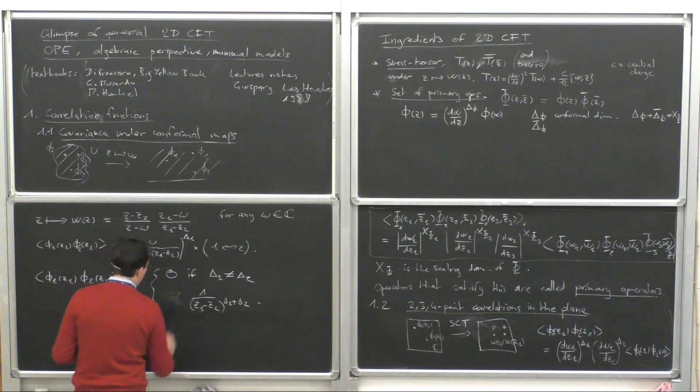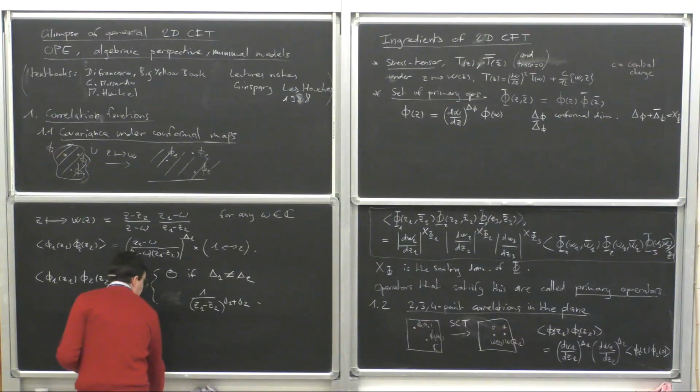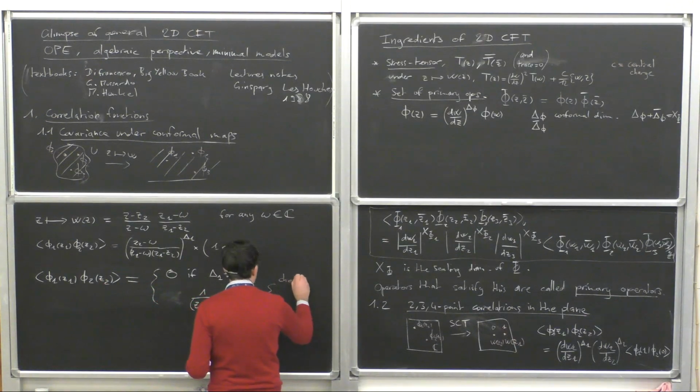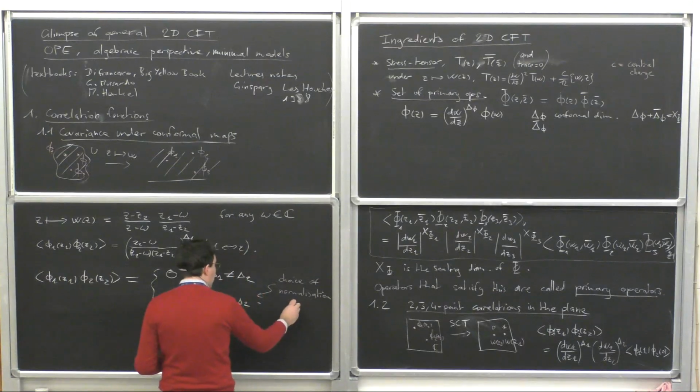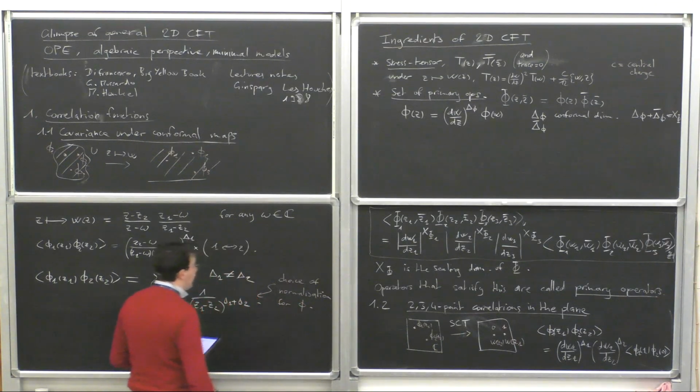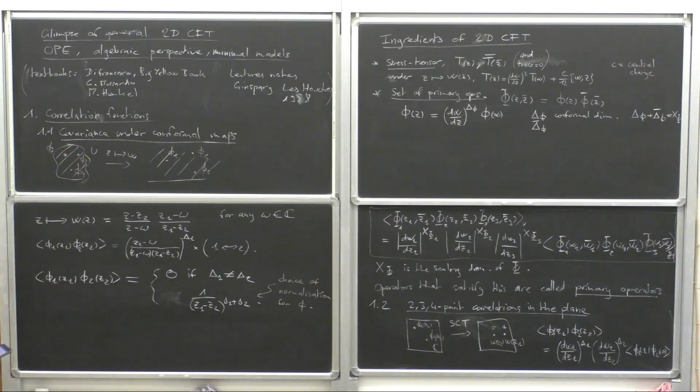So this is a choice of normalization. There's a choice of normalization of the operator phi that is conventional, and it's the same choice that is made in absolutely all references on conformal field theory, so that's completely standard.